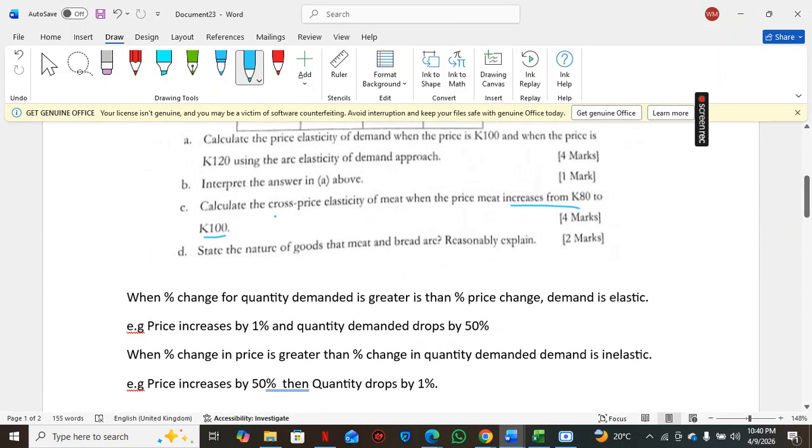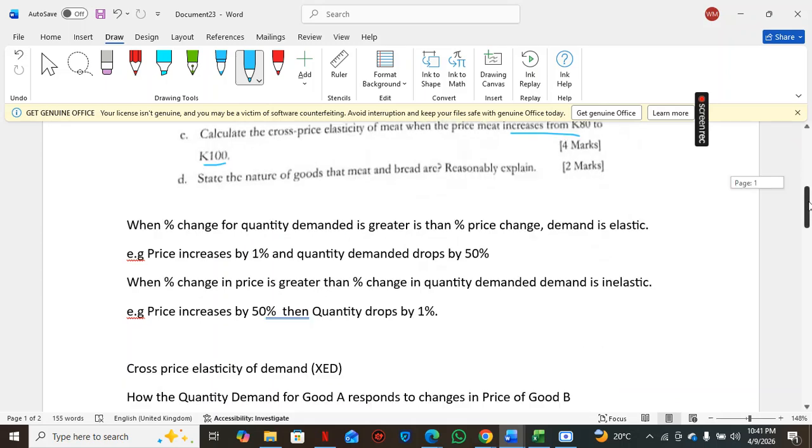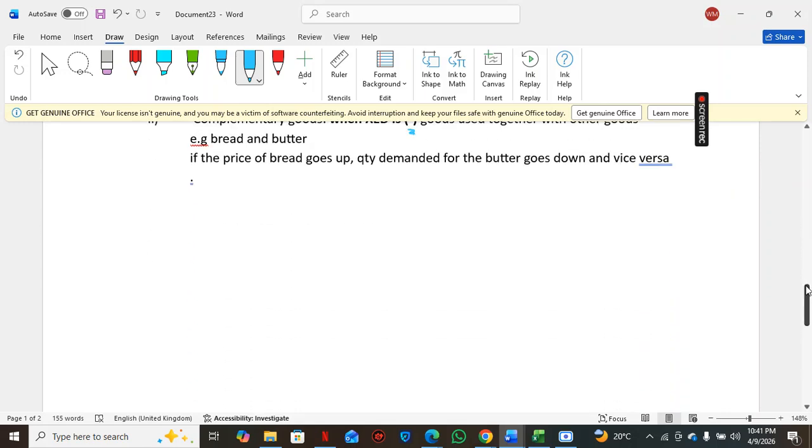So here they say calculate the cross price elasticity of demand when the price of meat increases from 80 kwacha to 100 kwacha. We're going to use the arc elasticity approach. This is the formula you're using.